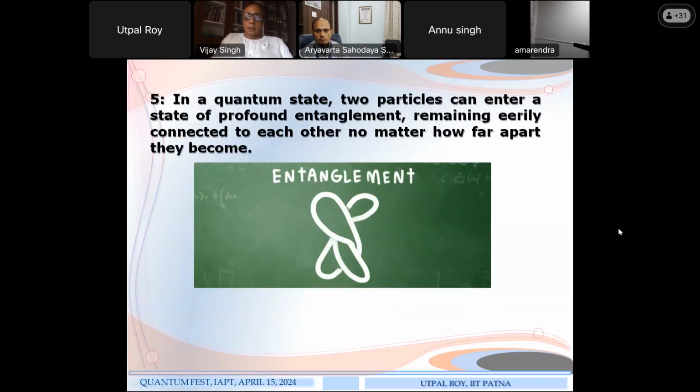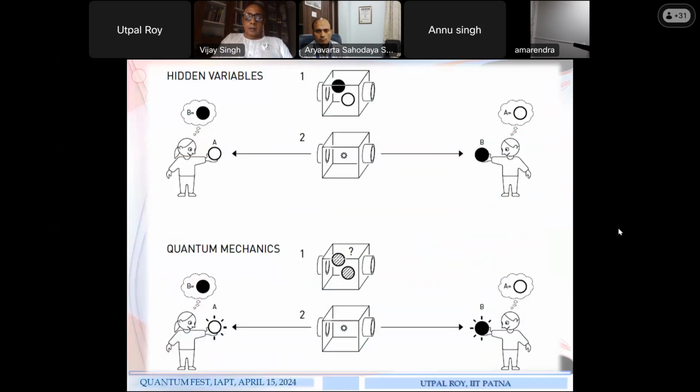I'll come to this point immediately after this slide. So this is what quantum entanglement is. The students who were there in my first talk, I mentioned that this is a very important slide to understand quantum entanglement with the classical correlation. Say, for example, that I have this chamber with two balls, one dark color, one white color.